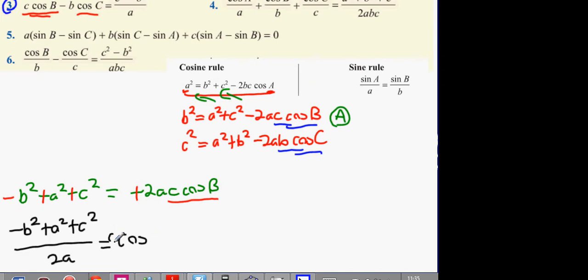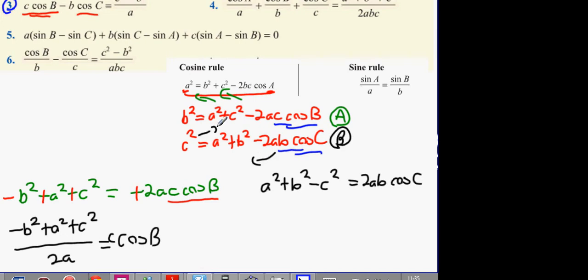Sorry, C cos B. I'm going to do the exact same procedure for this one here, equation B. I'll just do it all in one swoop here, okay? A squared plus B squared minus C squared equals 2AB cos C. What I basically did was I moved that to the left and moved that one to the right, and then jumbled it around.